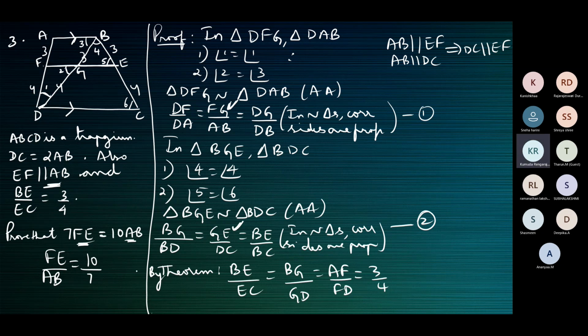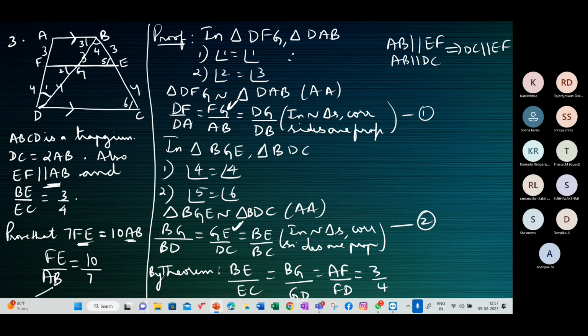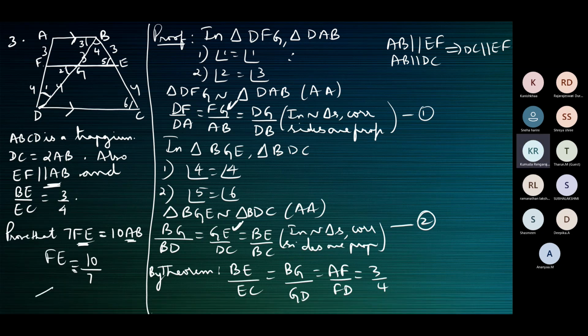See here, I can tell you from here also. Now this FE is what, children? Listen to me now, please. So see here, you should get FE by AB is equal to 10 by 7. What is FE, children? FG plus GE, right?